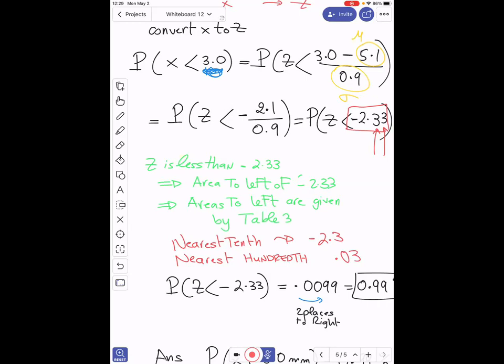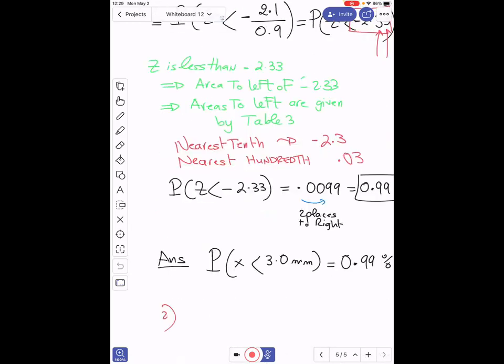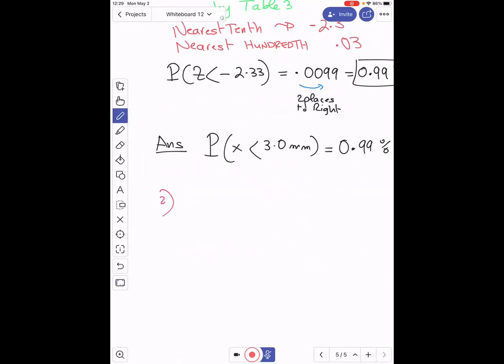What I'm saying again is, if you see the word normal distribution, then probably you have to convert x to z. And probably the questions have something like less than, more than, or between 2 numbers.